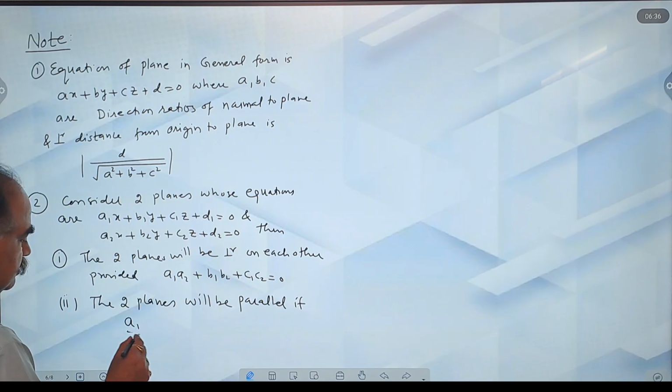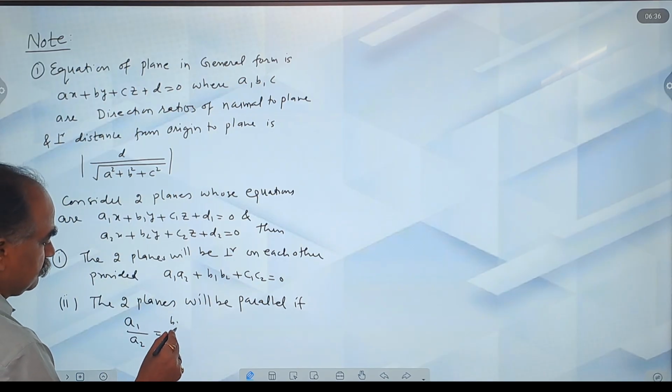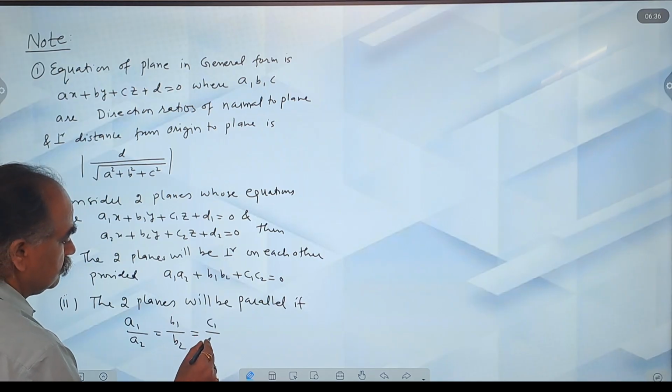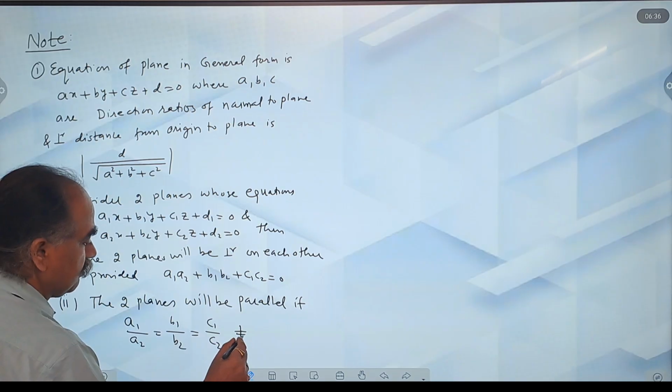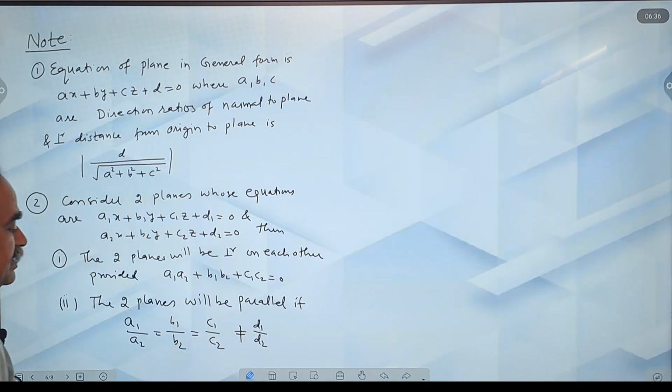So a1 upon a2 is equal to b1 upon b2 is equal to c1 upon c2, but it is not equal to d1 upon d2.